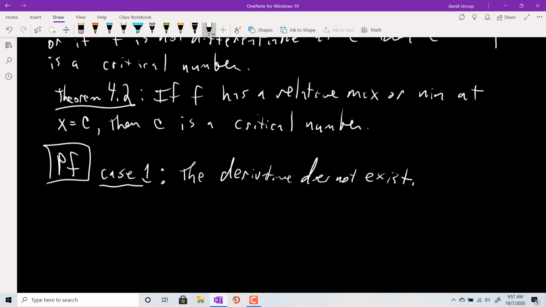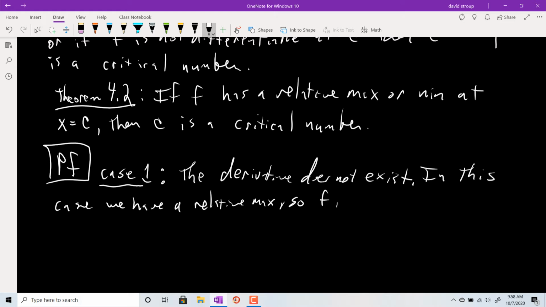So in this case, we have a relative max, so f is defined, and f prime of c does not exist.